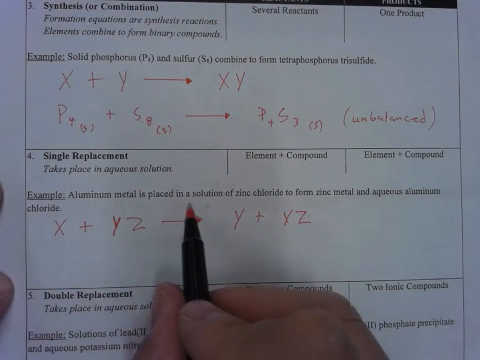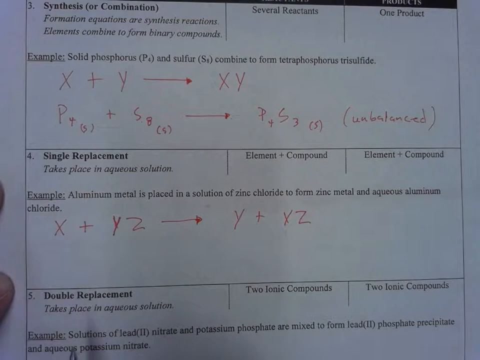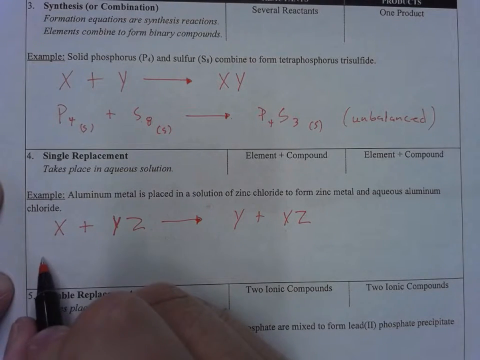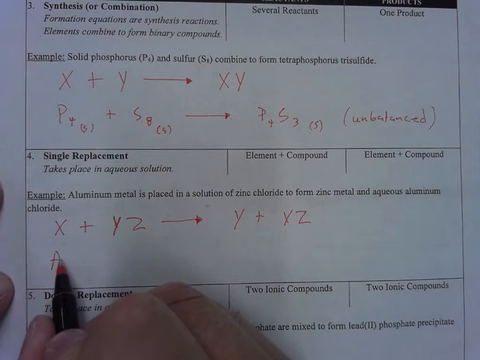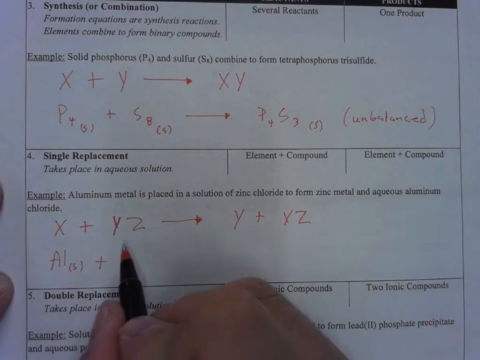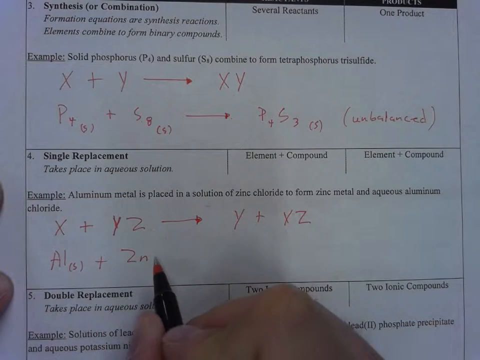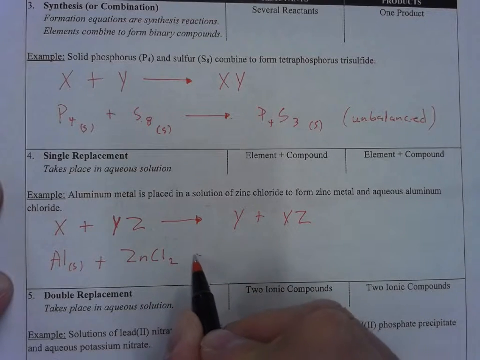So aluminum metal is placed in a solution of zinc chloride to form zinc metal and aqueous aluminum chloride. Pretty cool. So that's going to look like this. Aluminum metal, Al solid, is placed in a solution of zinc chloride, ZnCl2, aqueous.